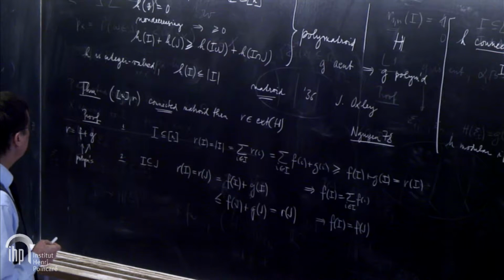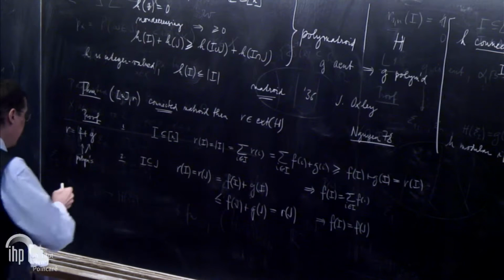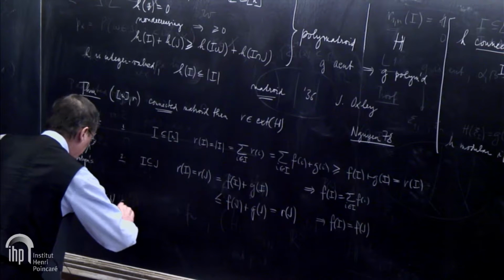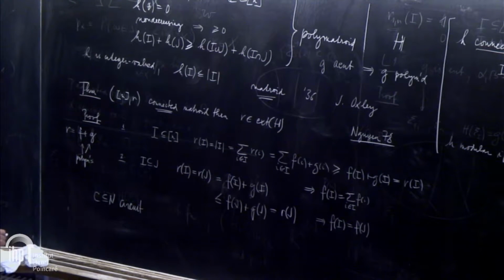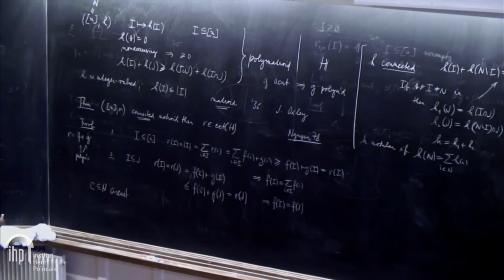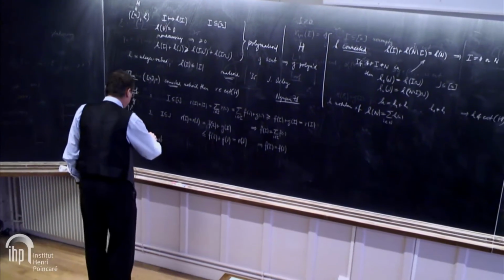And what can we conclude now? Now we have to look at the circuit. A circuit is a special set. It's not independent, but every proper subset is independent by definition.